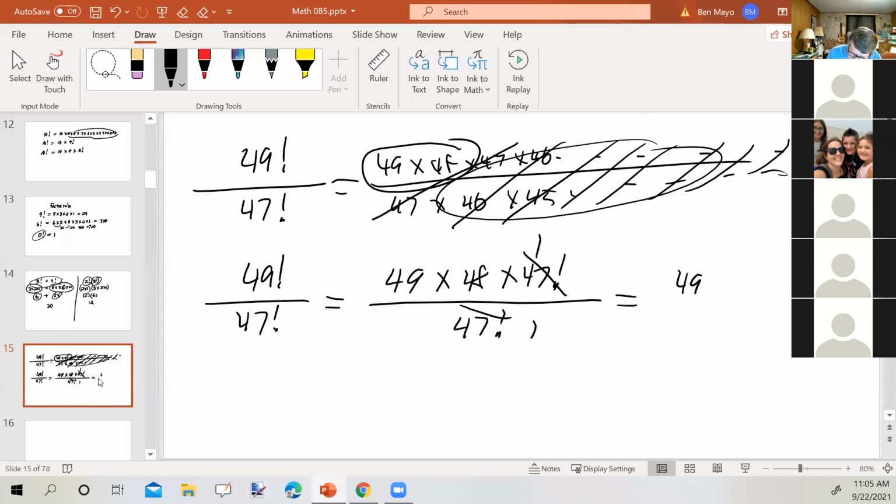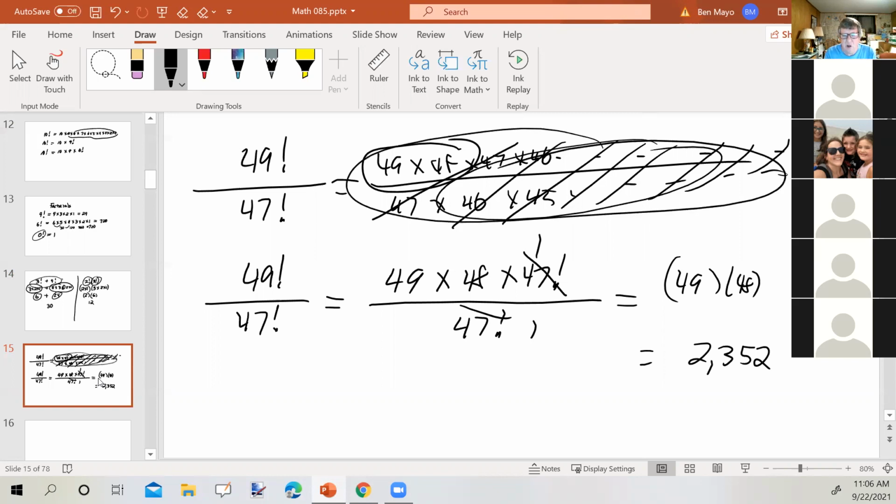So now I've basically got 49 times 48. And on my calculator, I go 49 times 48, and I get 2,352, which is much easier than doing this the long way. Okay. You all right with that?